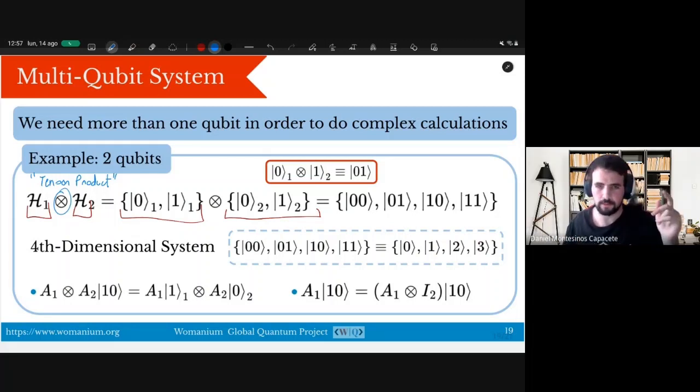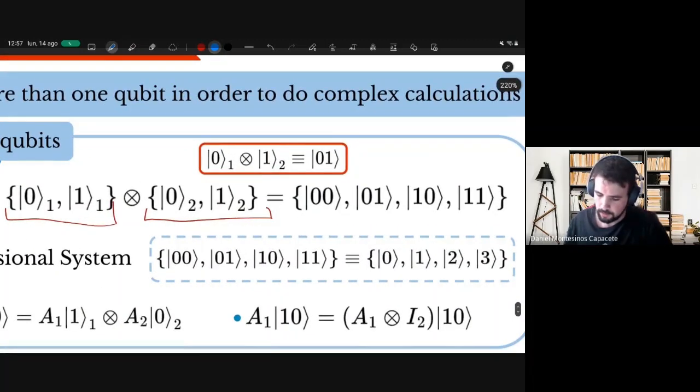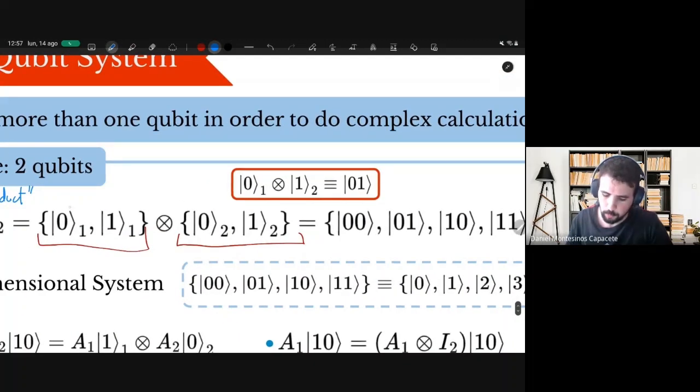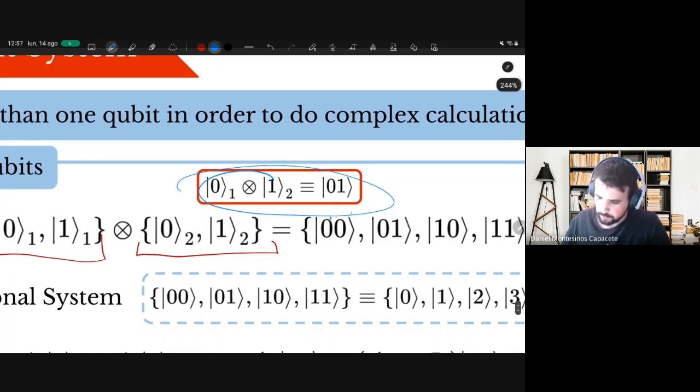At the end, what's the meaning of that? The meaning is that, for example, in the tensor product you just multiply each of these: 0 times 0, 0 times 1, and so on. This will be the tensor product of the vector 0 of your first Hilbert space and the vector 1 of the second Hilbert space.